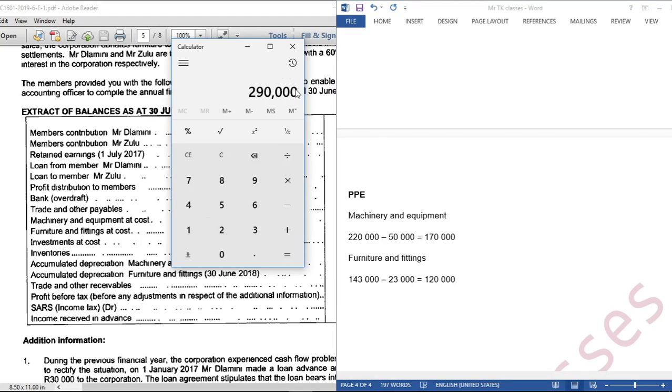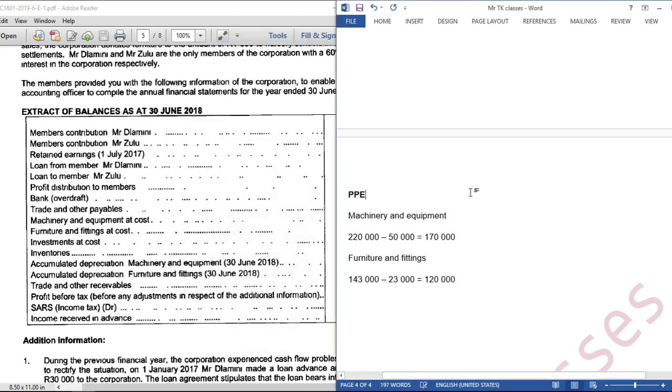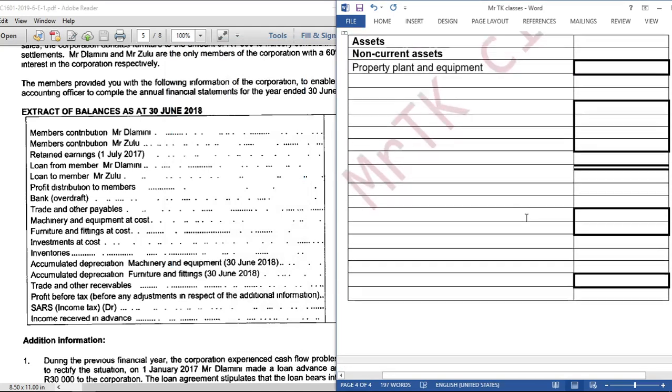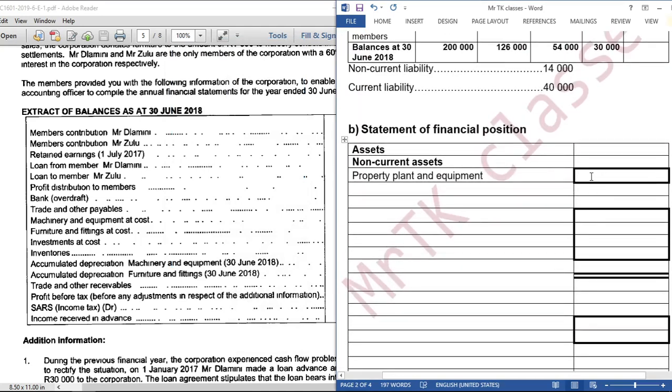We are going to get 290,000, which is our total here.